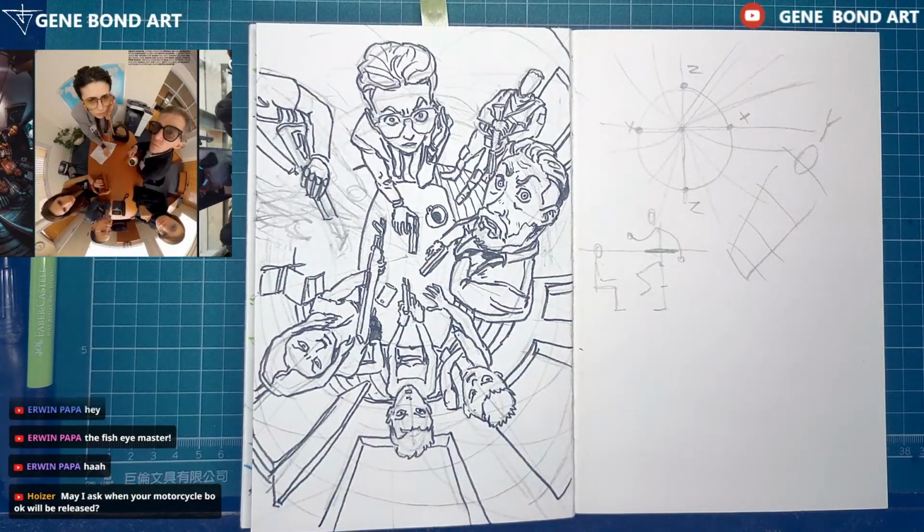I still need to draw at least 50 pages for the motorcycle book, but you can actually look at pages from my book on Patreon. I'll give you a link to my Patreon.